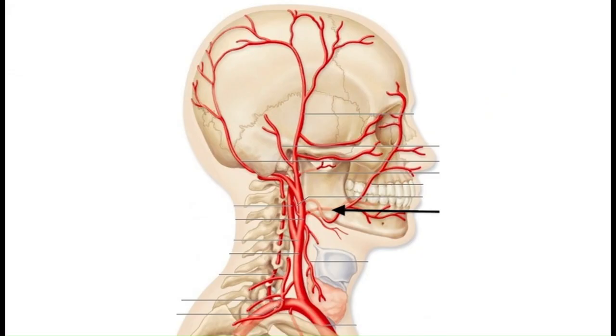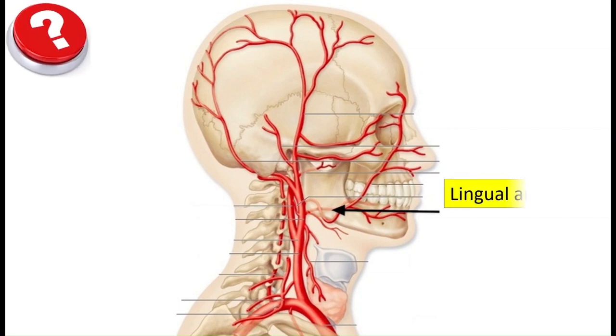Here is an image of blood supply to the head and neck, and we were concerned about the tongue. We described the tongue as a muscular organ, and muscles need blood supply, and the tongue is going to be supplied by a branch of the external carotid artery called the lingual artery.